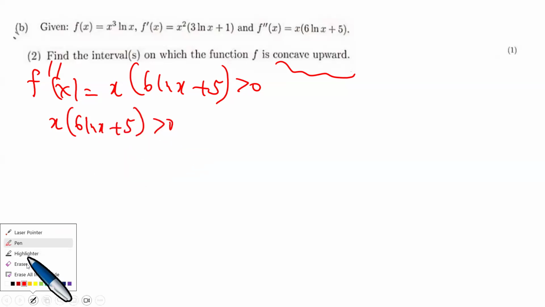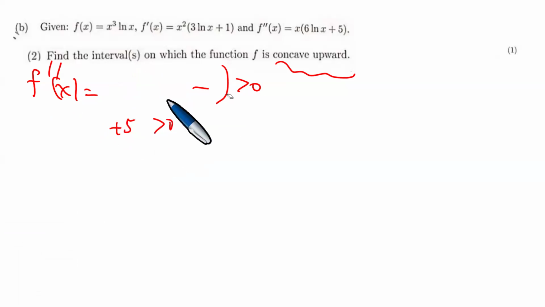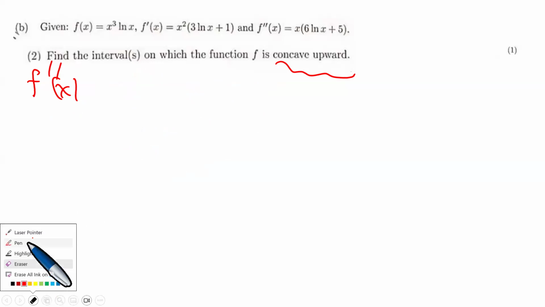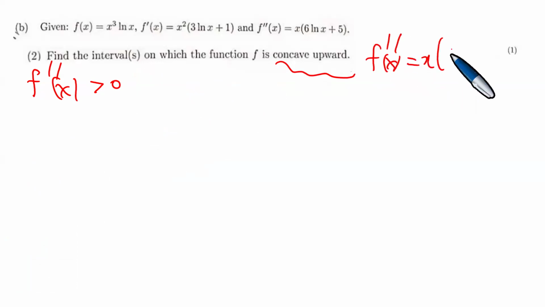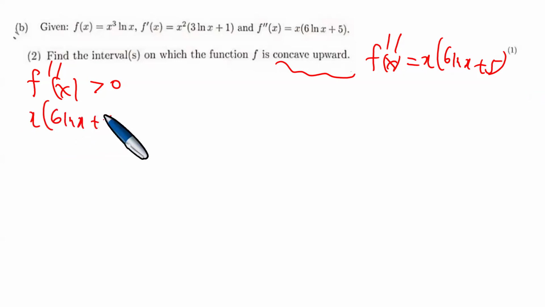First we can write it more meaningfully: concave upward means the second derivative is greater than 0. We know from the given question that the second derivative is x(6 ln x plus 5), and this is greater than 0.